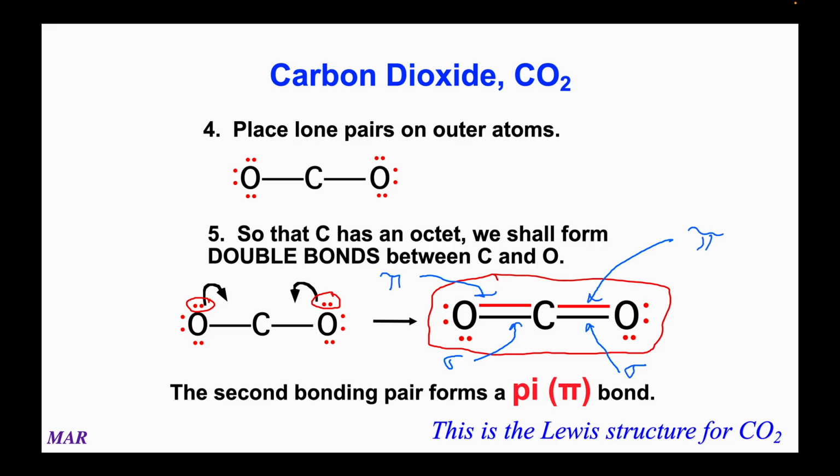And if you see that in references, that's what it means. A double bond has 2 bonds. In that double bond, the first one is a single bond or sigma bond, and the second one is a pi bond. So a double bond is a sigma plus pi. Once in a while, those things will come up, so now you know what they mean. A pi bond is like the second bond you put between the atoms.